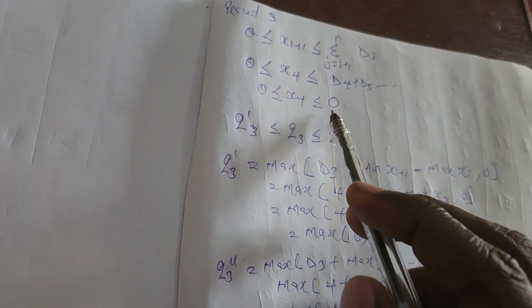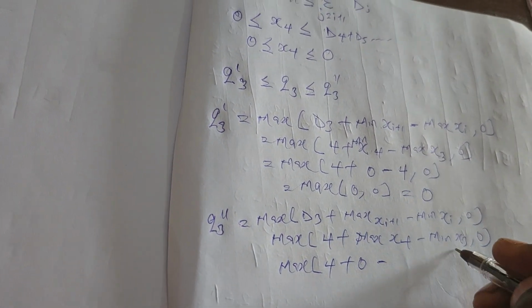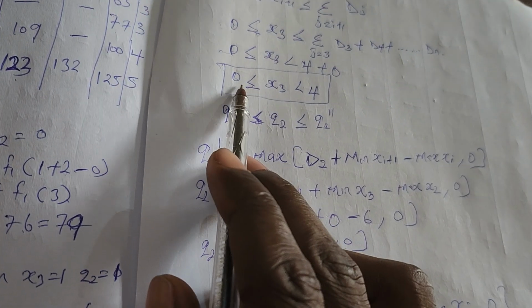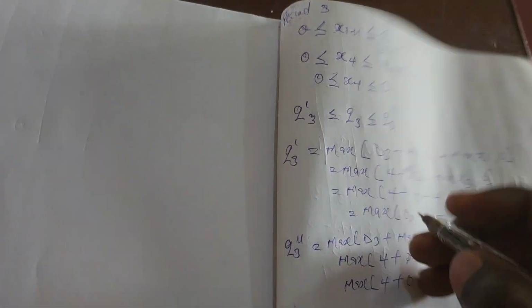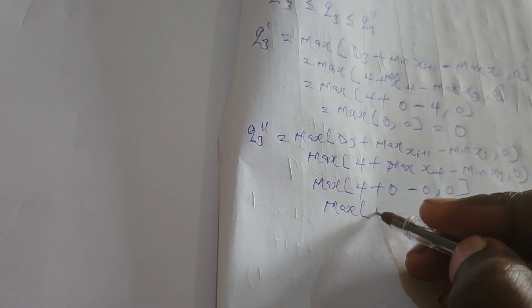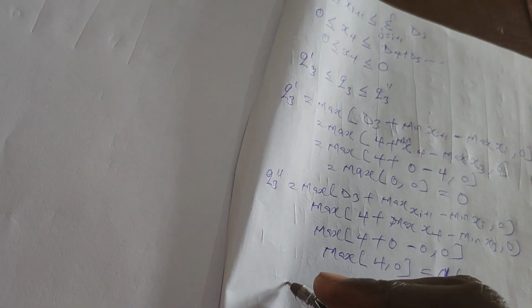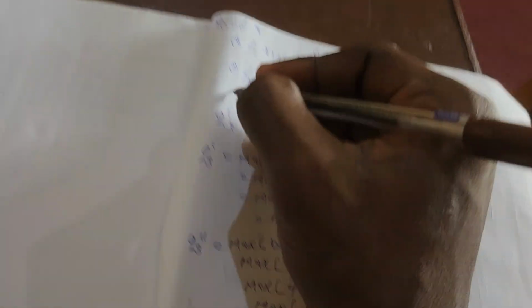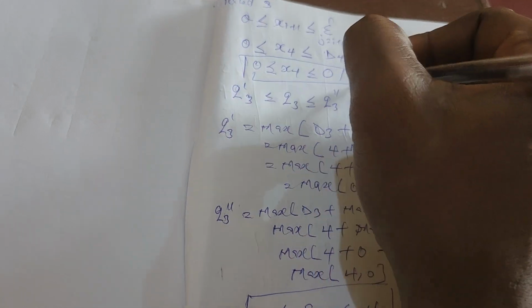Maximum of x4 is 0, minimum of x3 is 0. So 4 minus 0, 4. So here is 4. So Q3 goes from 0 to 4. This is how we work with the third period. So I will draw the table now.